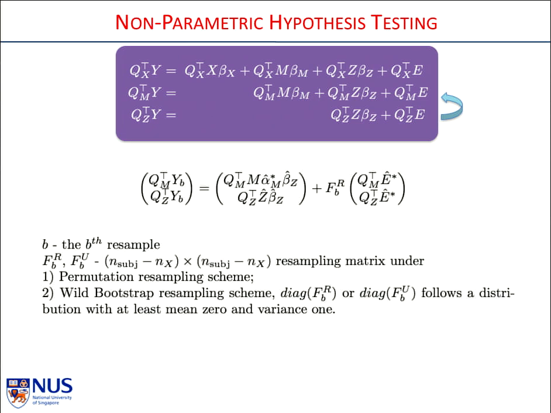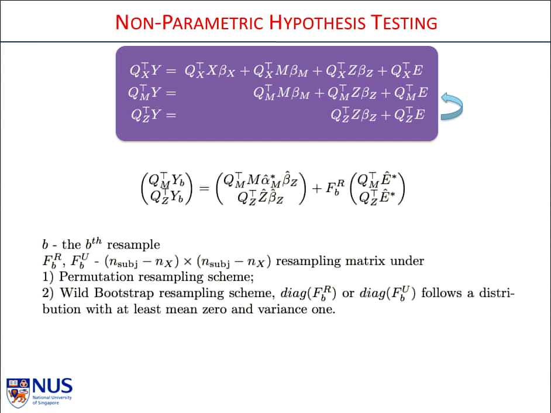One way you can do it is to permute the rotated residuals, rotated by this Q, the orthogonal matrix we introduced. This is what we write here. We indicate FBB as the permutation, and R indicates the rotation.